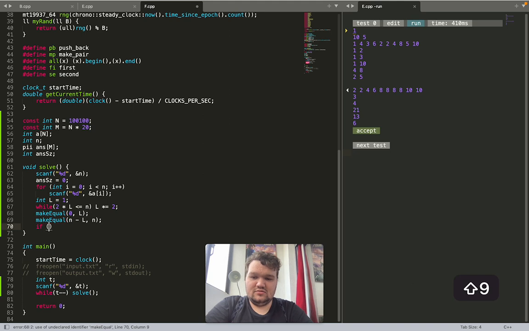Now if the first element is at most the last one, then it's already sorted. That includes the case when n is a power of 2, so L is just equal to n. So we'll just make equal twice on the same segment, but this one actually will not do any operations. But doesn't matter. So yeah, then those elements are equal and it's fine.